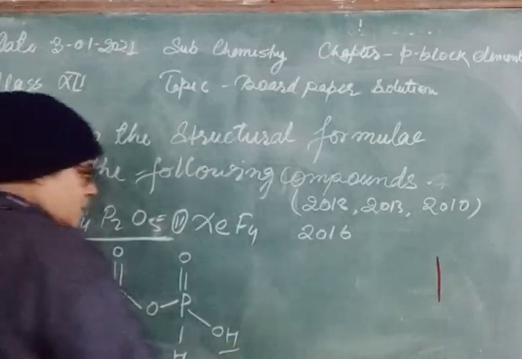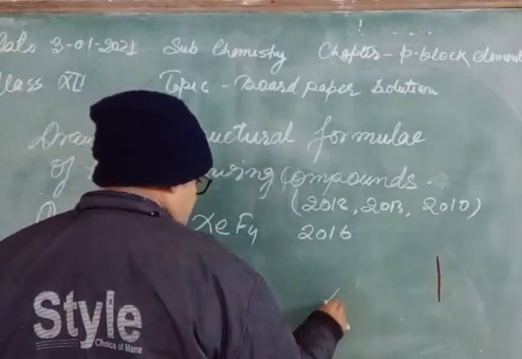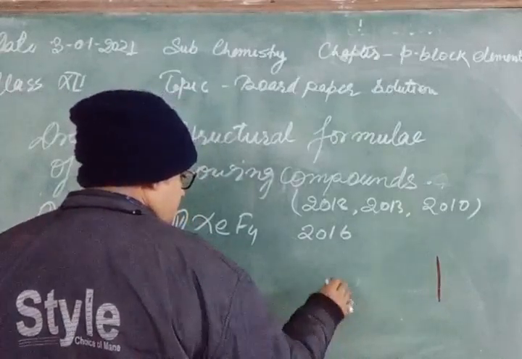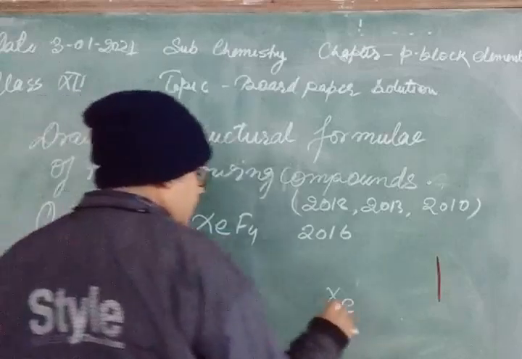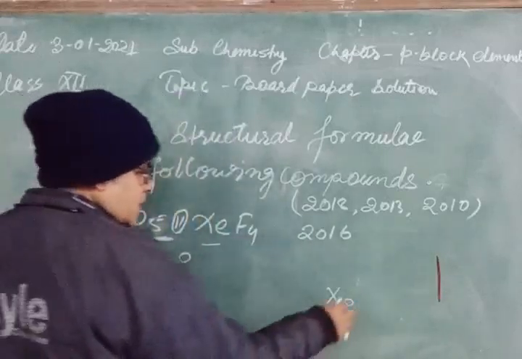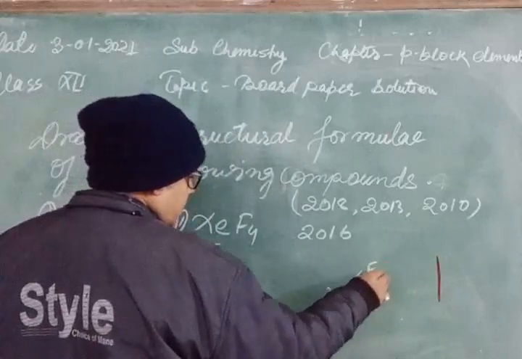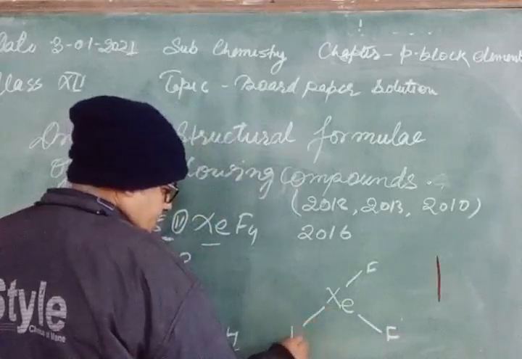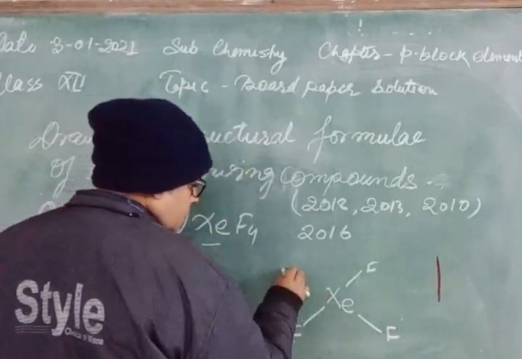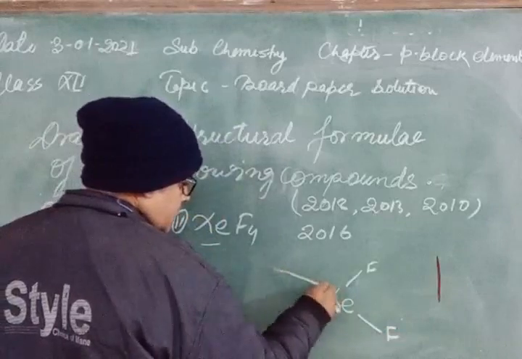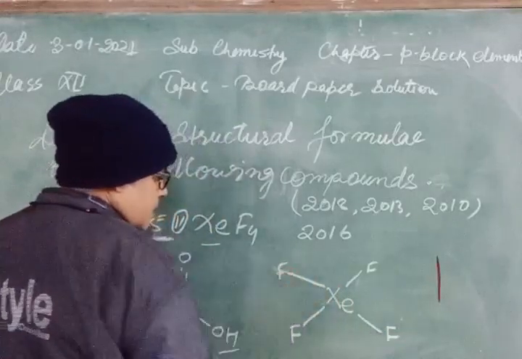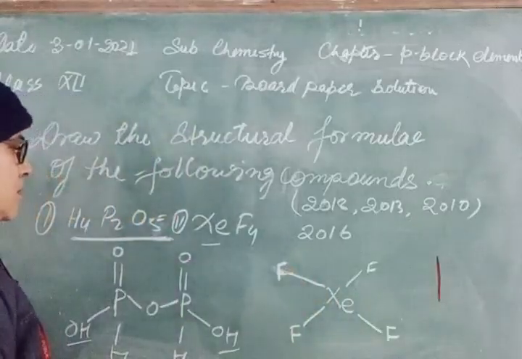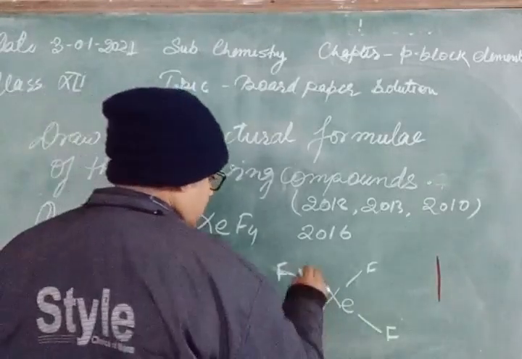Okay, now see the structure of XeF4. As you know, there are 8 electrons in the valence shell of xenon, and each fluorine needs one electron. According to valence shell electron pair repulsion theory, for a stable structure there should be minimum repulsion and maximum stability.